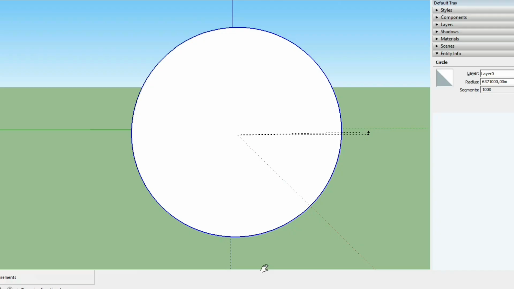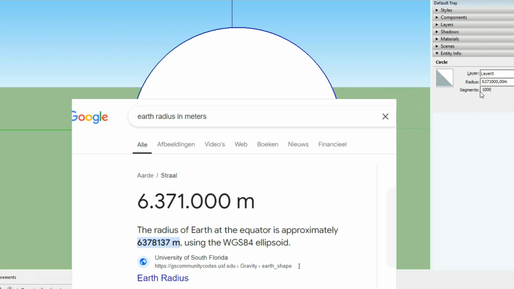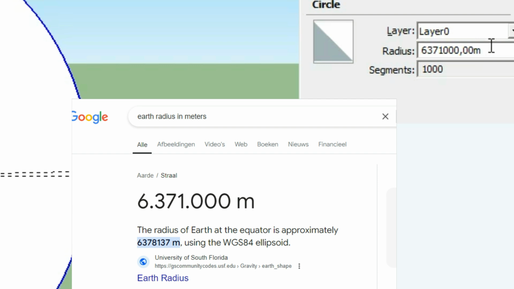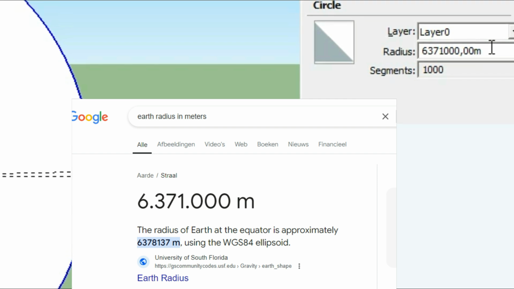8 years? I have here a circle with the claimed globe radius, which is 6,371 kilometers, but I did it in meters because SketchUp doesn't have kilometers.